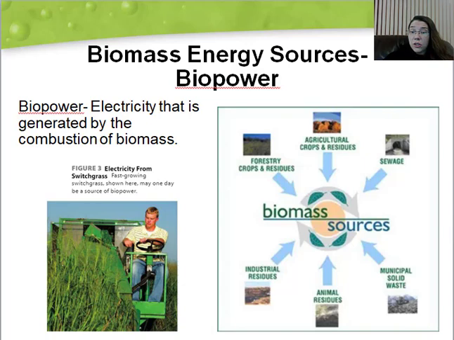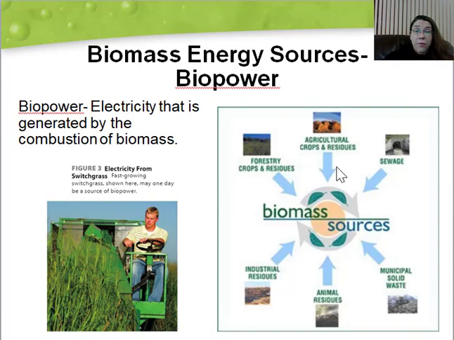These crops include fast-growing trees and grasses, such as this grass known as switchgrass, which you see on the left side of your screen. I've also inserted a figure, not in your textbook, showing you all the different available resources that contribute to biomass generation of energy.